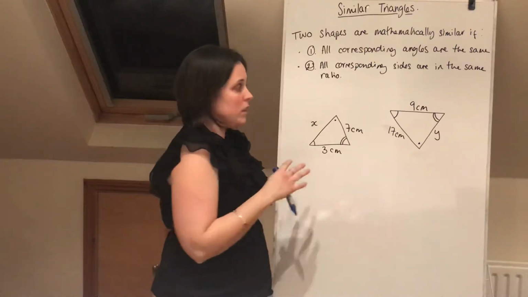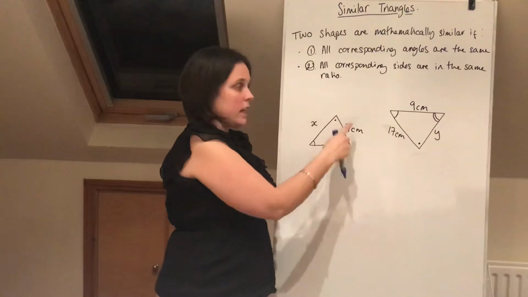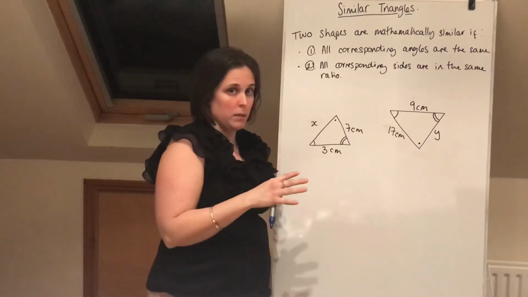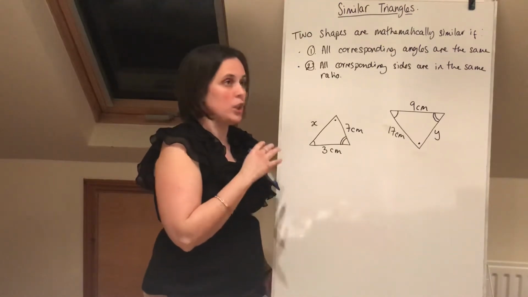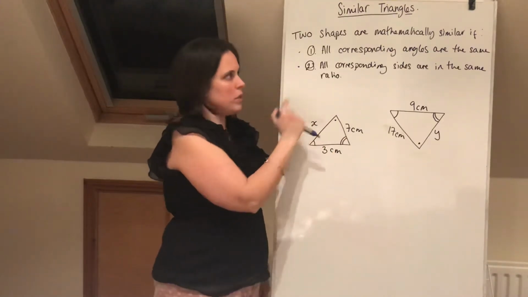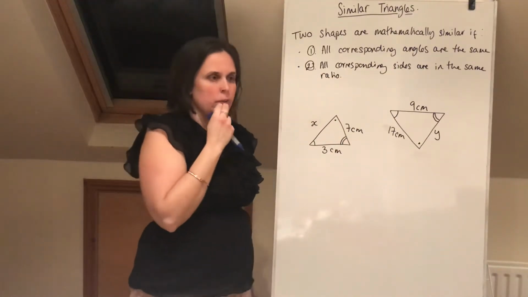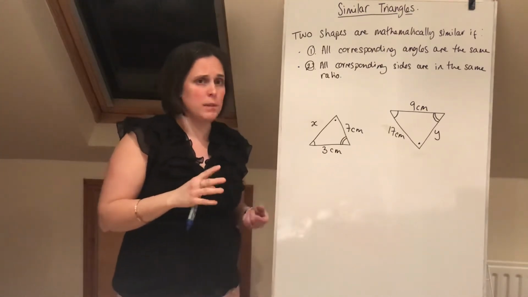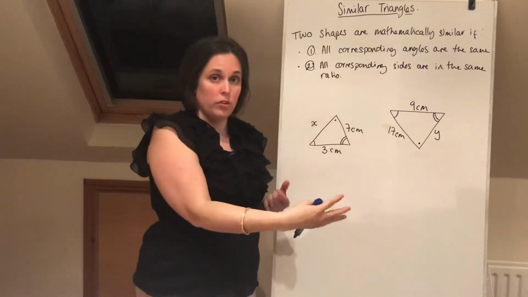So therefore, because I'm telling you from my annotations on the triangles that the angles are the same, then therefore we know they're mathematically similar, and therefore we can use the second rule, which is that all corresponding sides are in the same ratio. Now, what does that mean? Well, it means essentially with similar shapes that one shape is an enlargement of the other one.